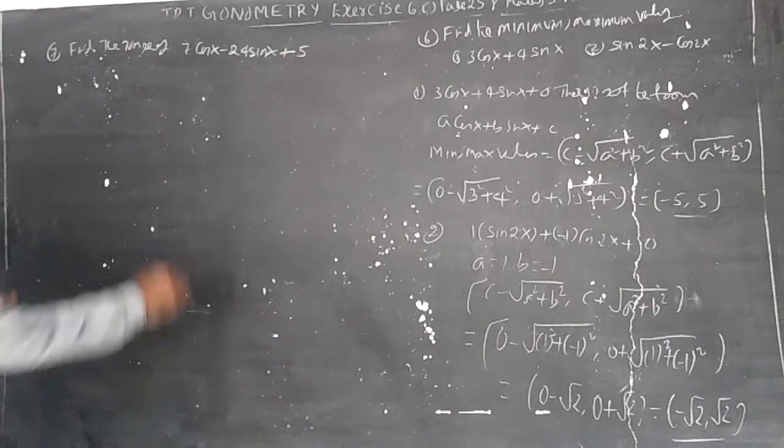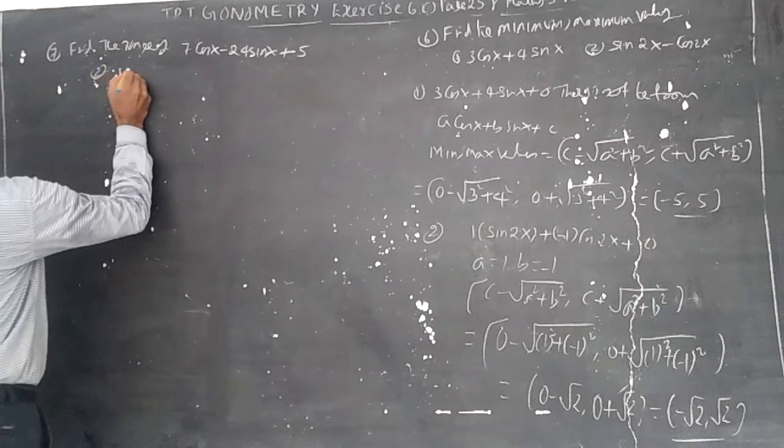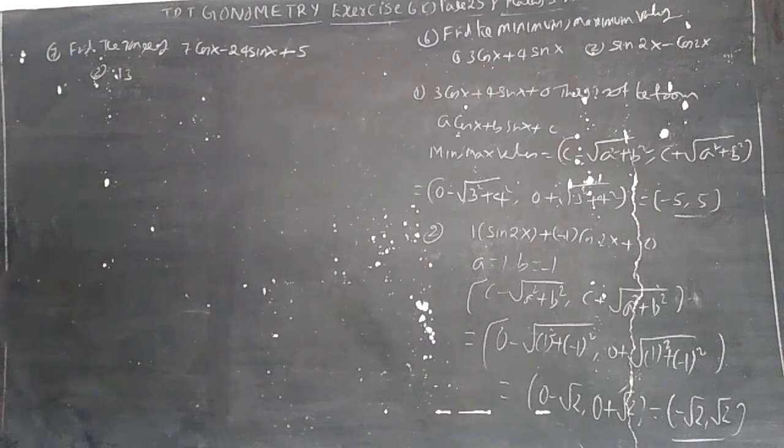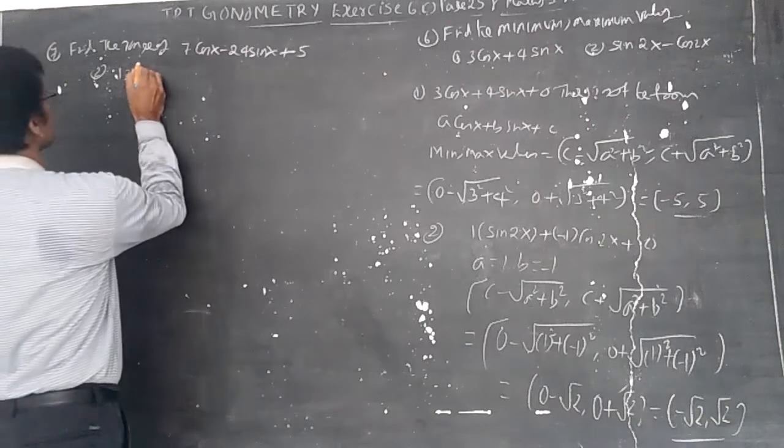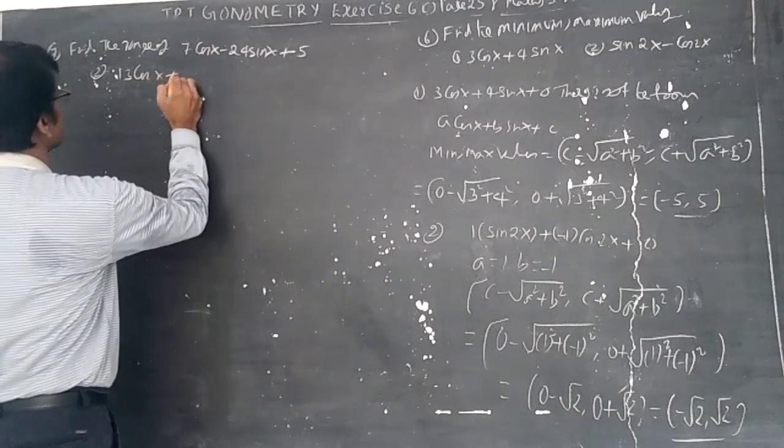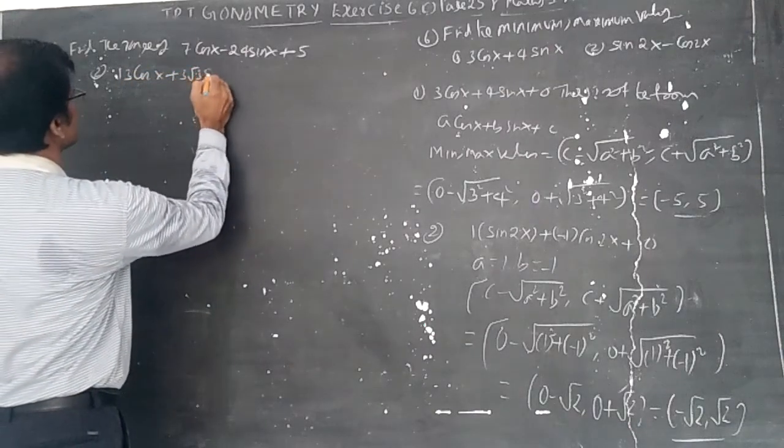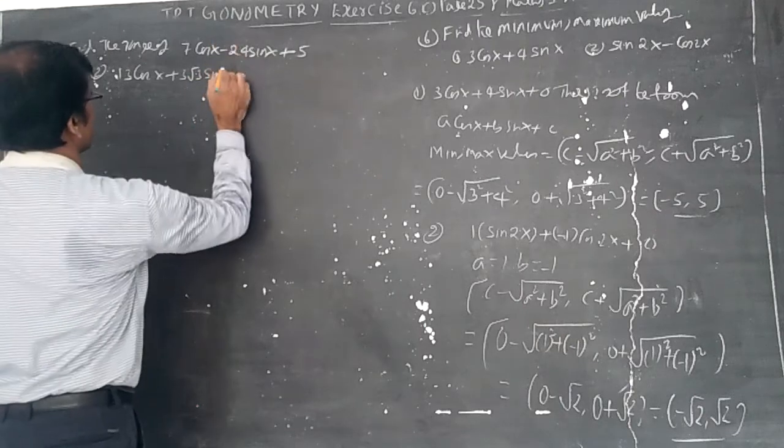Second one: 13 cos x plus 3 root 3 sin x minus 4.